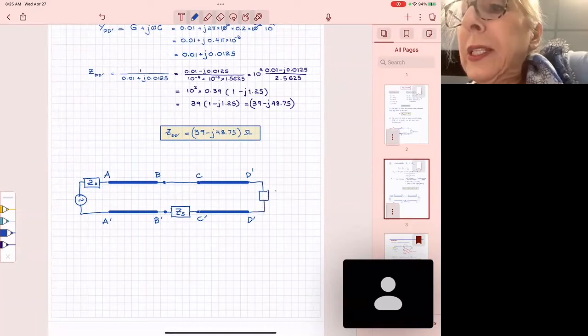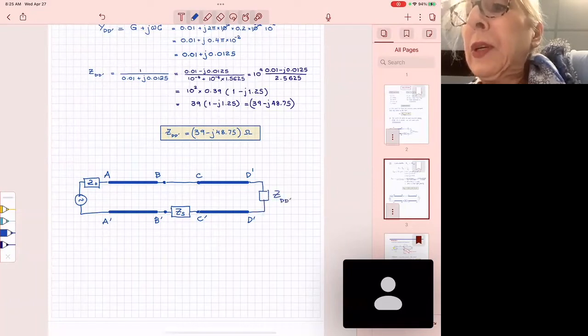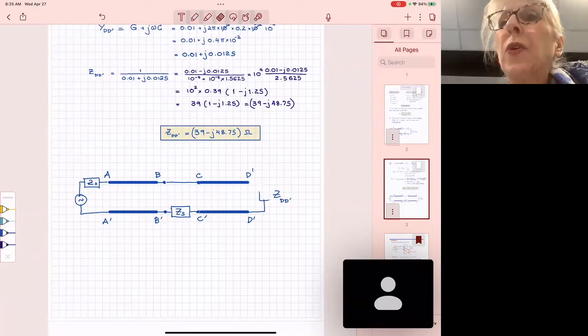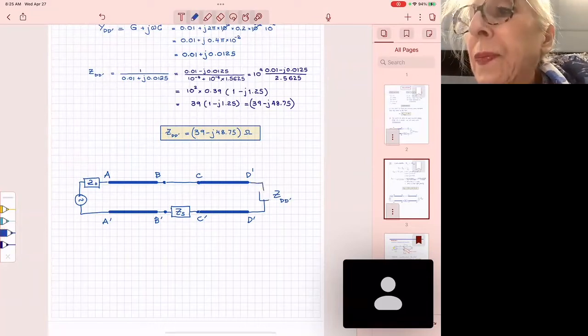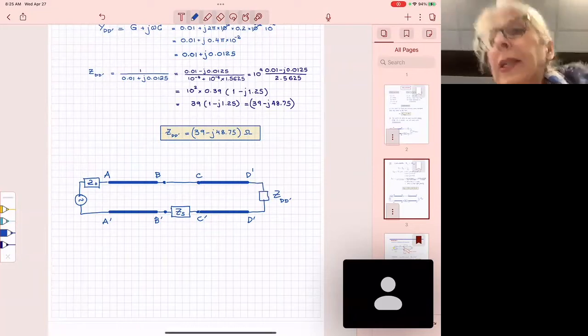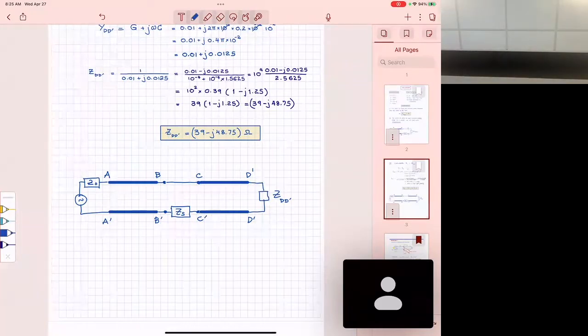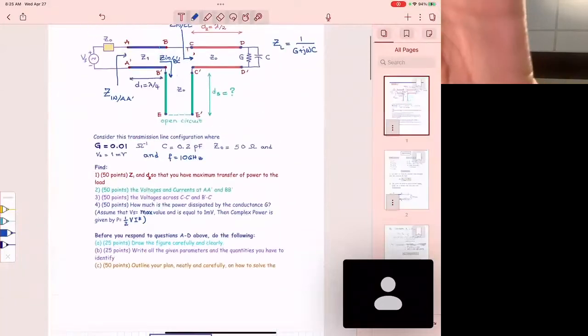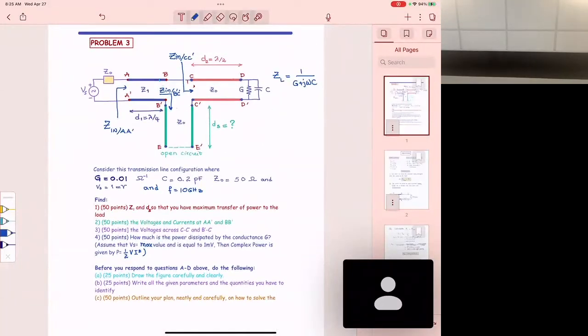I call it Z DD prime here, just because it's connected there. I have now calculated what it is, and practically I have to do what? First thing, I have to move that by lambda over 2.